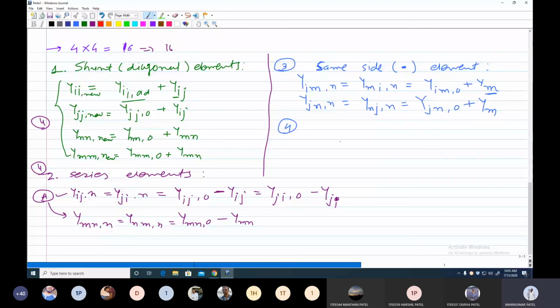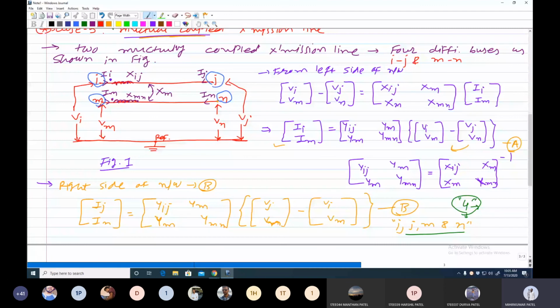Now the fourth one is cross side bus connection. Cross, not actually side, cross bus connection. So in this case, we have to calculate the cross connection. Cross connection means I to N and J to M. Clear?